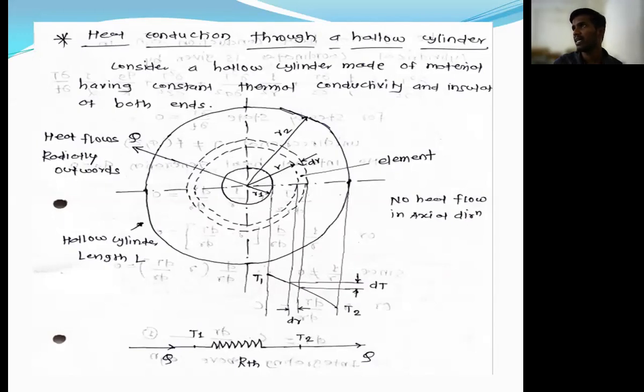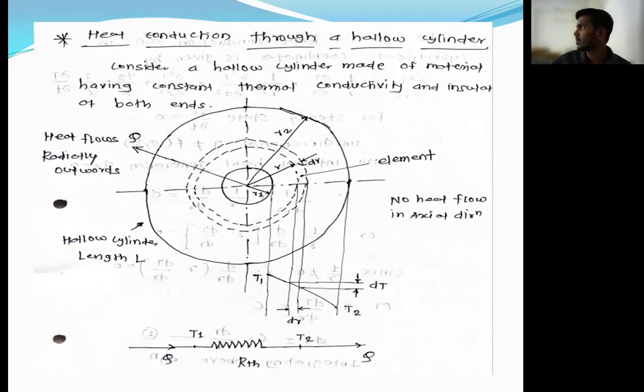Okay, so we are considering one hollow cylinder, and the two ends in the axial direction have insulation. So tell me, in which direction will the heat transfer take place? How will the heat transfer take place if at both ends of that particular cylinder there is insulation?